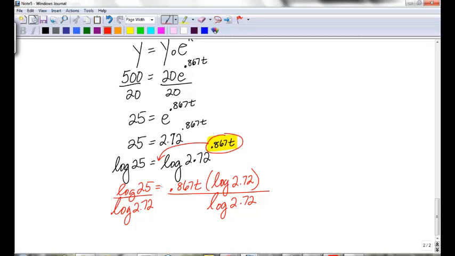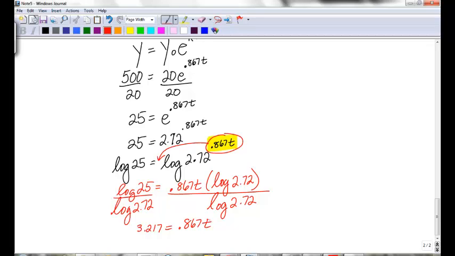Okay, so on your calculators, take the log of 25, you got to close the parentheses, divided by the log of 2.72. And I got, I'm going to round it, 217 for the paper.